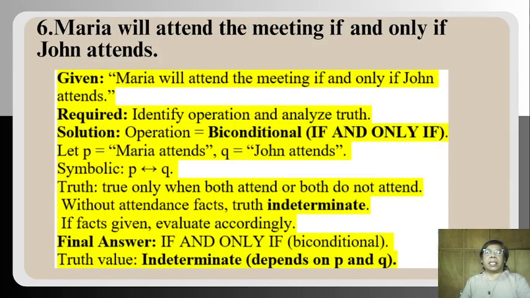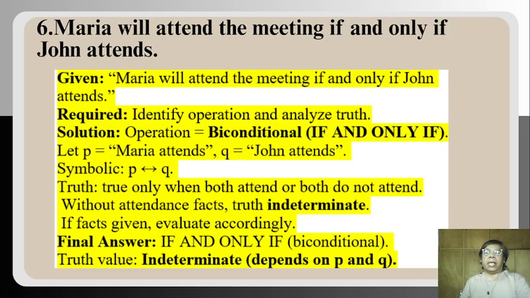Number 6. Maria will attend the meeting if and only if John attends. So we're given: Maria will attend the meeting if and only if John attends. Required: identify the operation and analyze truth. Our solution: the operation is biconditional, if and only if. Let P be Maria attends, Q John attends.